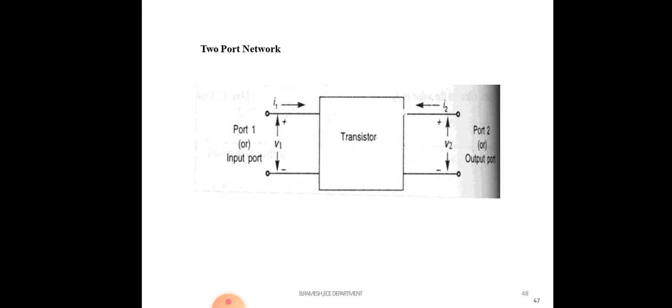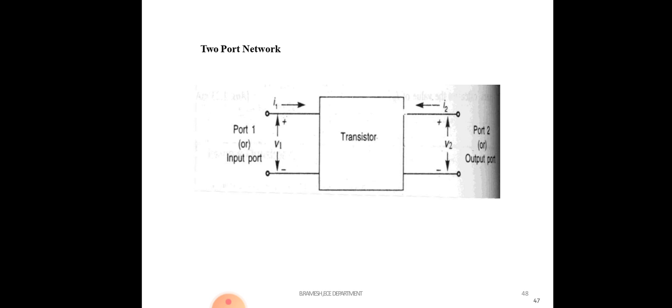At the input side we are giving current, that is called I1 current, and voltage is V1 voltage. So V1 voltage and I1 current respectively, and on the output side V2 voltage and I2 current. So in this two-port network there are four variables: V1, I1, I2, V2.